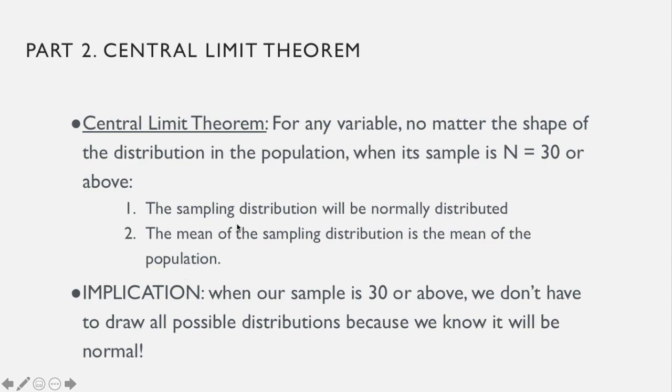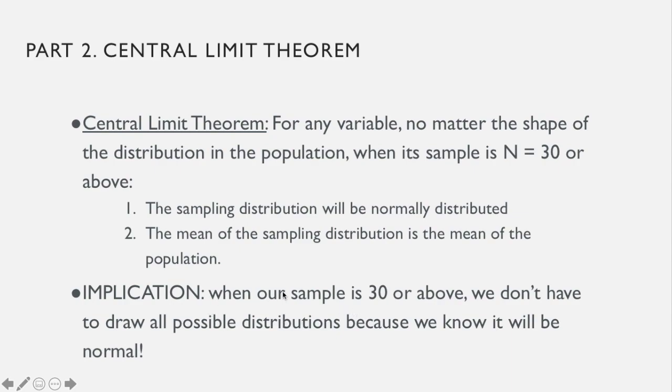Also, if there's at least 30 people in each sample, then the sampling distribution, which is the sample of samples, is going to be normally distributed. Even if originally each individual sample was not normally distributed, maybe each sample was originally skewed, if there's at least 30 people in each sample, then the sampling distribution will be normally distributed.